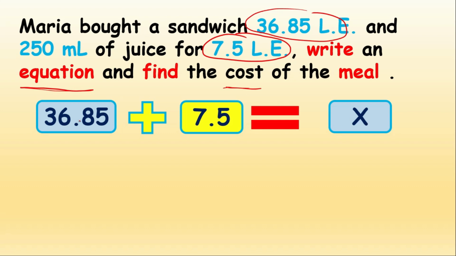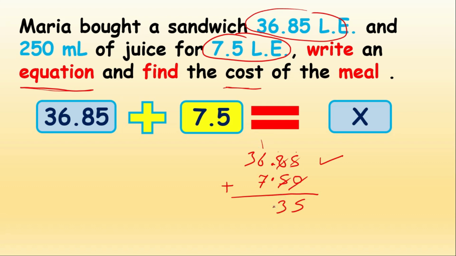Okay, so now add 36.85 plus 7.5. Don't forget to put the decimal points under each other. So we don't get confused, we write each digit in its exact place. 7 in ones, 5 in tenths. The first number has two decimals, 85, and the next number has only tenths, so don't forget to put 0 and then add. 5 plus 0 equals 5, 8 plus 5 equals 13, and carry up 1.